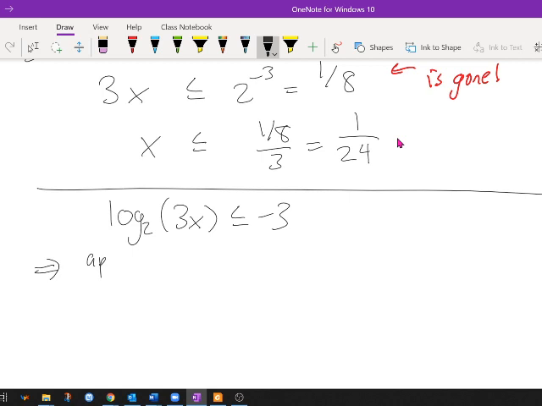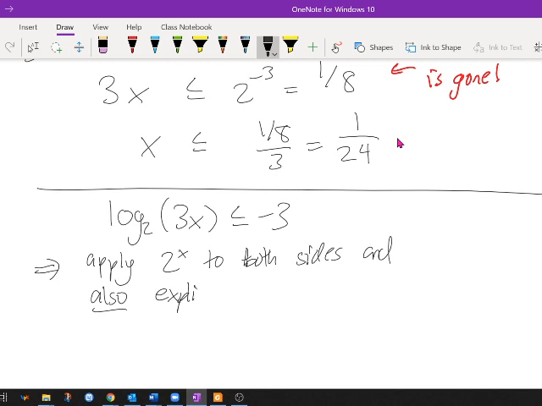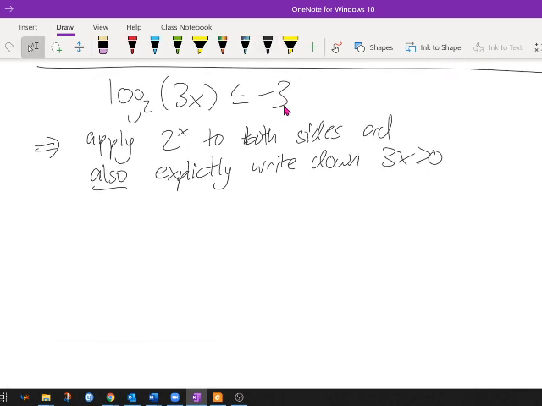I would apply 2 to the x to both sides, and also explicitly write down 3x bigger than 0. So if you do that, you have two things. You have 3x less than or equal to 2 to the minus 3 and 3x bigger than 0.